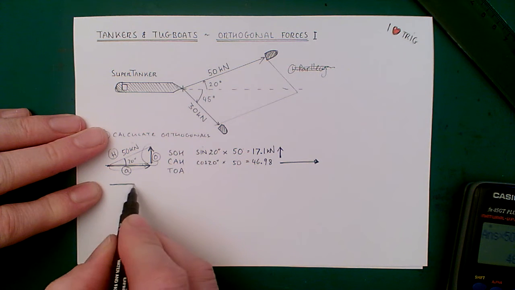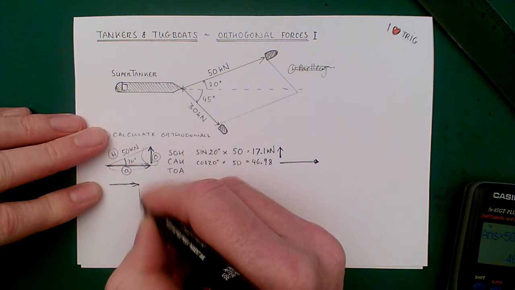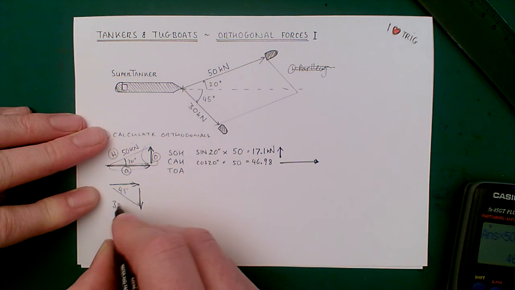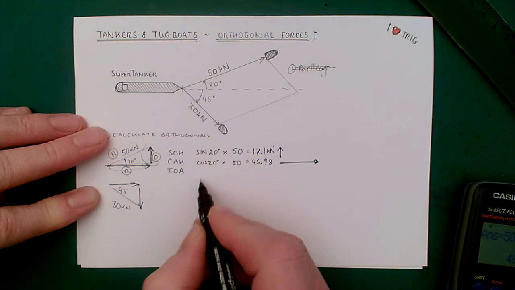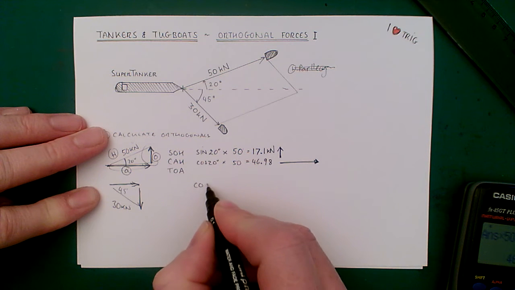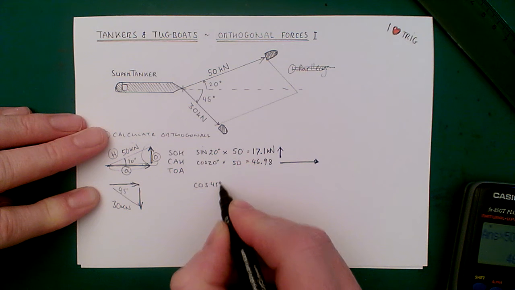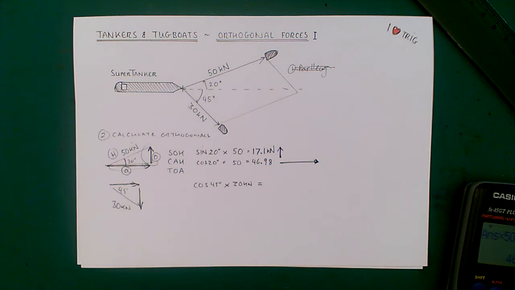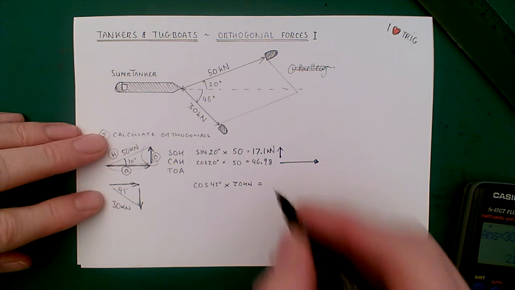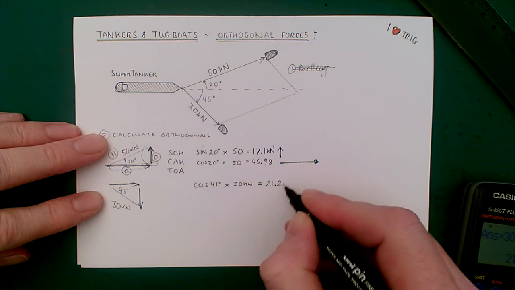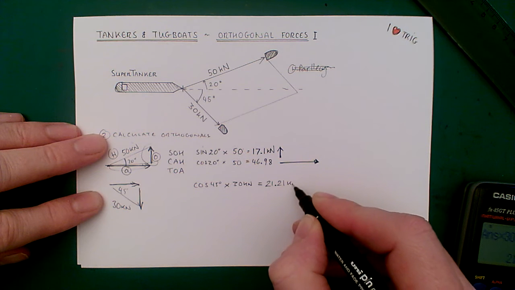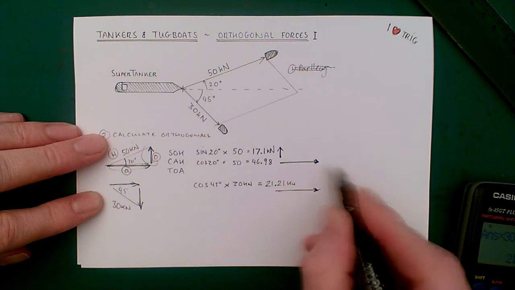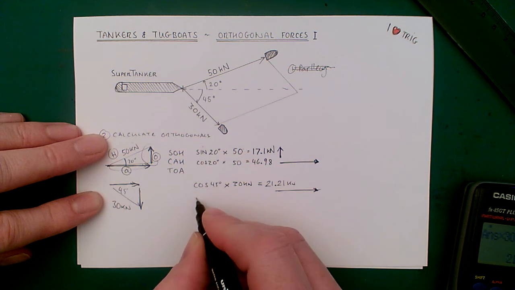We've also got a horizontal and a vertical at 45 degrees at 30 kilonewtons. So let's do the cos first. Cos 45 degrees multiplied by 30 kilonewtons is going to be equal to 21.21 kilonewtons. That's going to give us that horizontal, so these two working together in that direction.